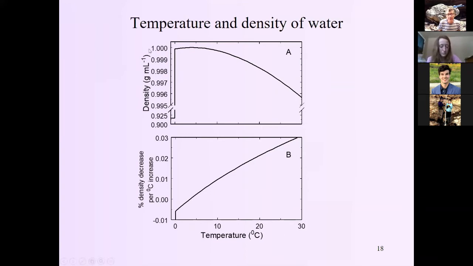So here's a graph of temperature in degrees centigrade versus density. And as I said, 1 gram is 1 mL at the maximum density. And so it's exactly 1 at about 3.9 degrees centigrade. And then as you heat up water, it becomes less and less dense.